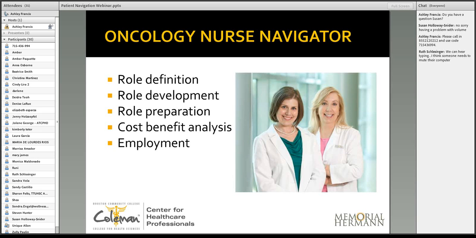And to that effort, we, within our healthcare system, in the oncology cancer service line, have partnered with Houston Community College to offer formal practicums based on the 8 core competencies for community health workers within our healthcare system. And those community health workers get precepted by oncology nurse navigators.